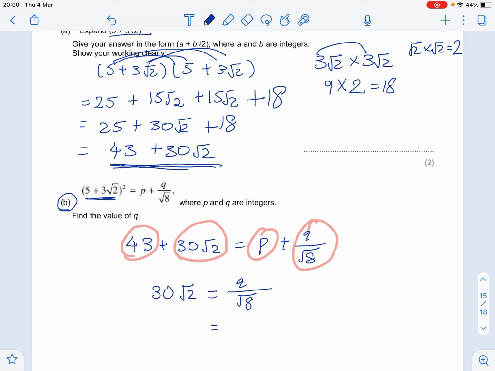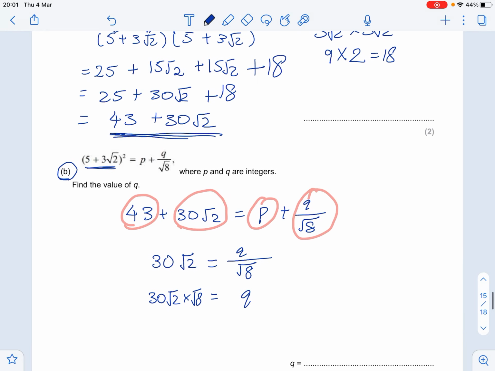We could solve the equation to find Q. So let's multiply both sides by √8. So I have 30√2 multiplied by √8, which equals 30 multiplied by √16, which is Q. √16 is just 4. So we know Q equals 120.